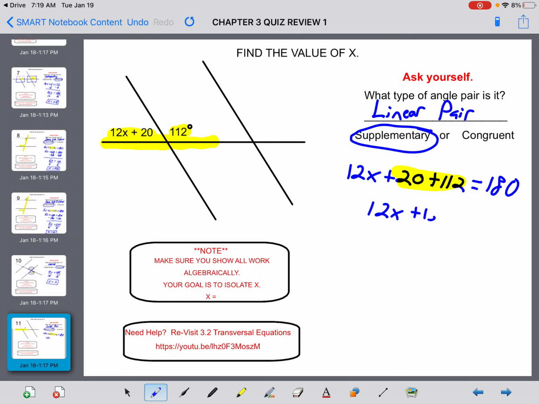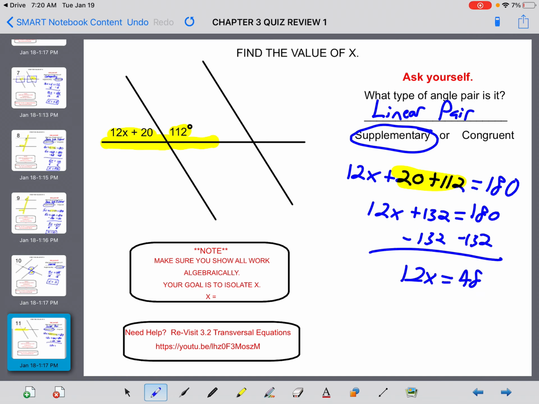So 12x plus 132 equals 180. Okay, your next step would be to minus 132 on both sides, and 12x equals 48. Divide both sides by 12, and x equals 4.